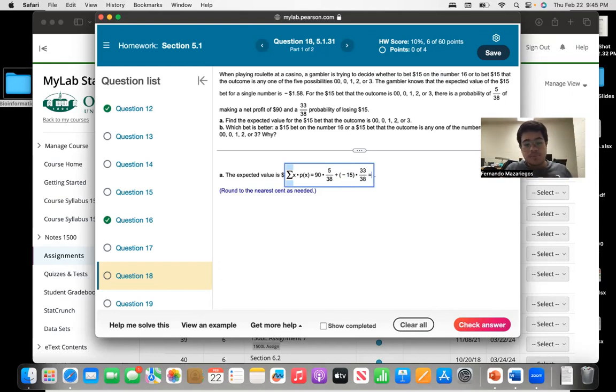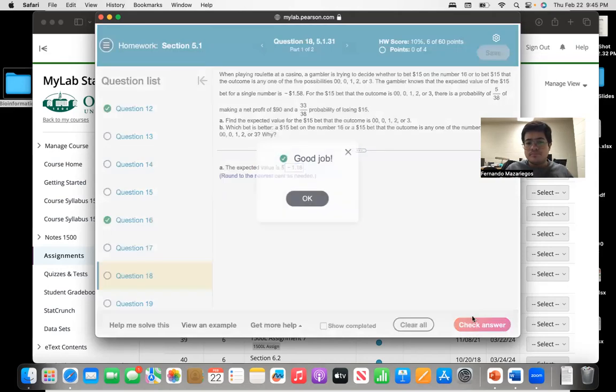And then we simply plug it in our calculators and find how much it is. We're being told to round to the nearest cent as needed. So this should be -1.18. Let's check. Perfect. I hope this was clear.